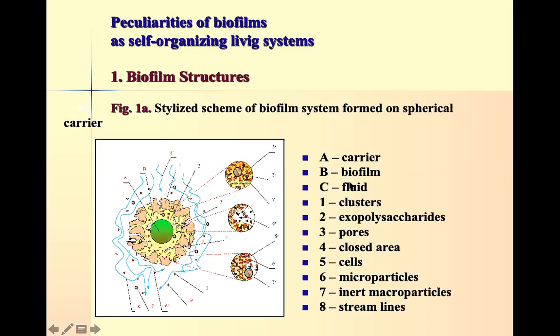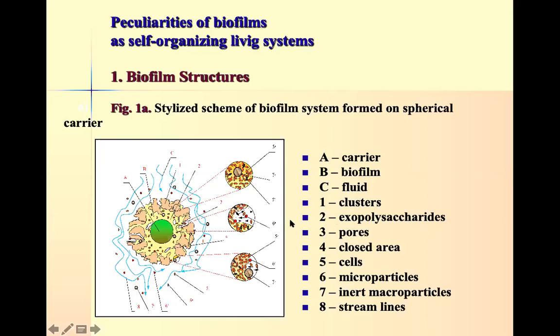Then B is the biofilm, that means the layer around the carrier is the biofilm. And C is the fluid. Fluid means liquid, because biofilm forms and needs fluid. And then there are clusters, and lots of other structures.